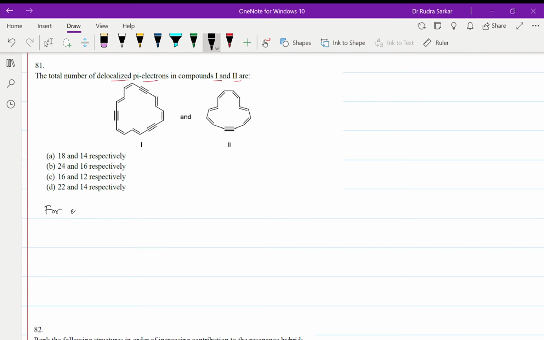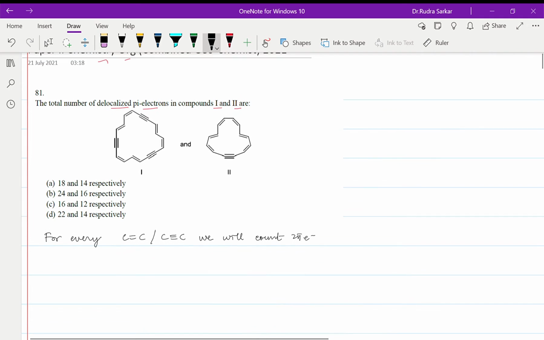for every C double bond C or C triple bond C, we will count 2 pi electrons.